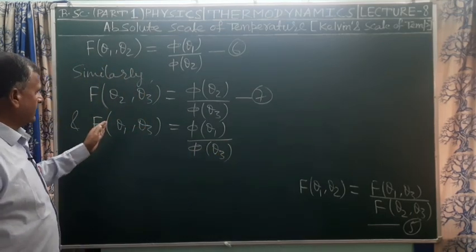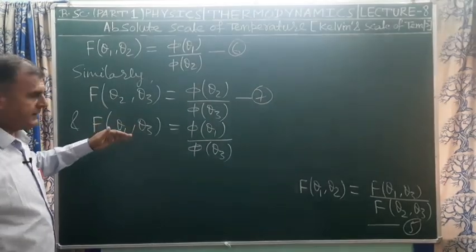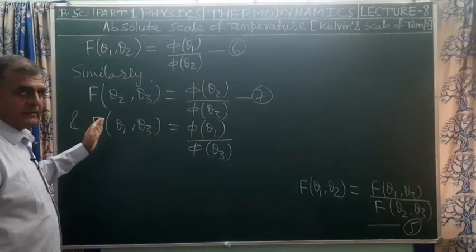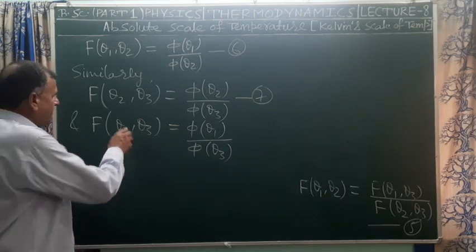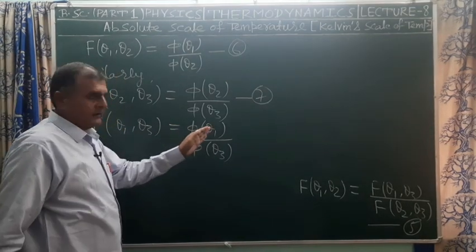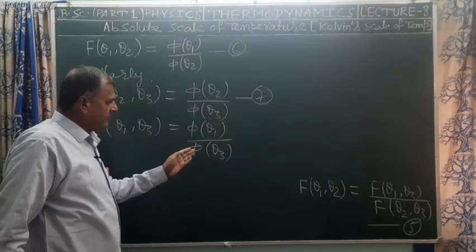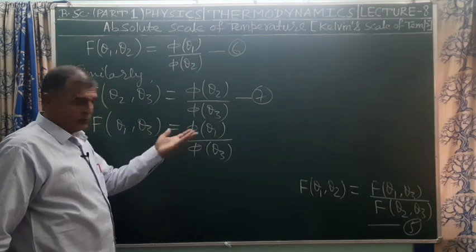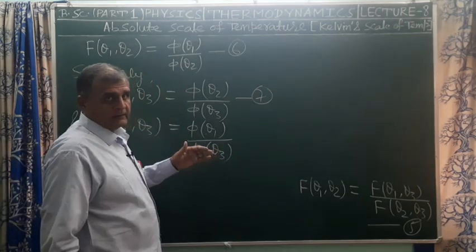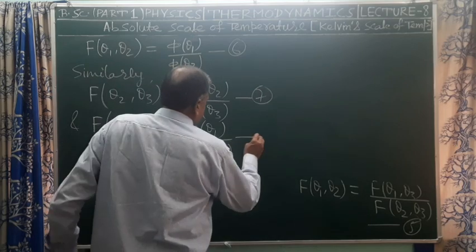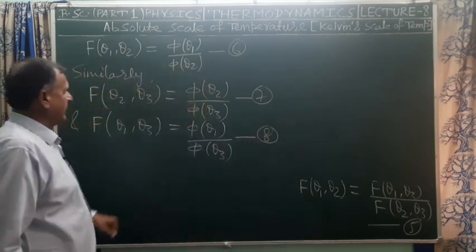So for the third reversible heat engine, we can write capital F under bracket theta 1 comma theta 3 equals phi under bracket theta 1 upon phi under bracket theta 3, where phi is the new function in place of the function capital F, and it is equation number 8.